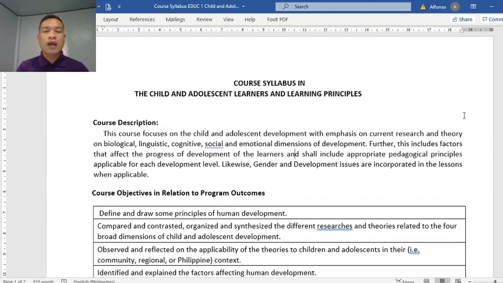Hopefully, our efforts will soon translate to helping our learners under our care to really become good and productive members of our society. That's the end goal. Okay?